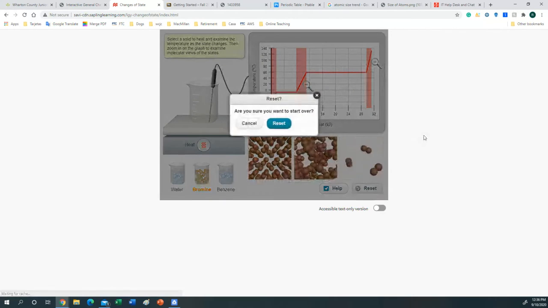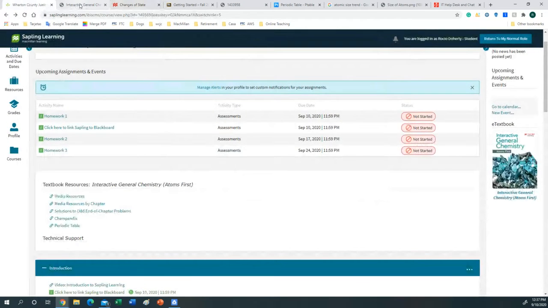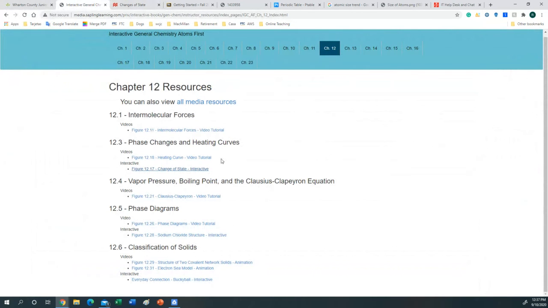As I said, it's not mandatory. This is just, I think, a very good, very graphic way to learn the same concepts we learn in the lectures, right?